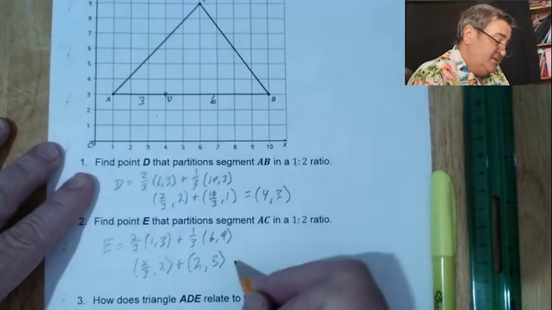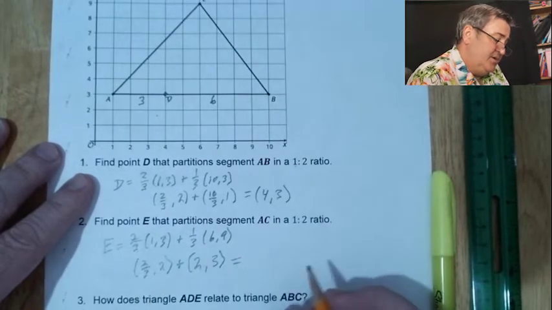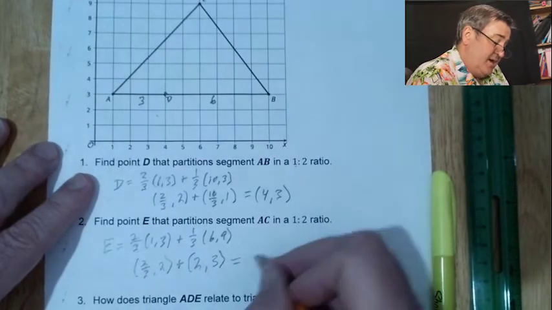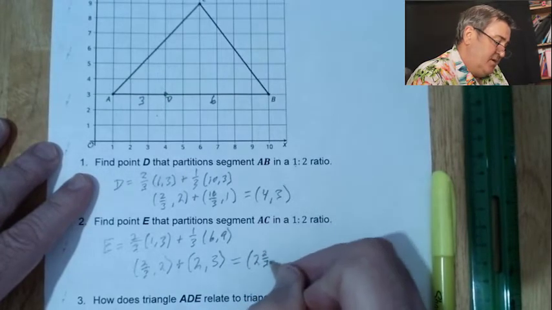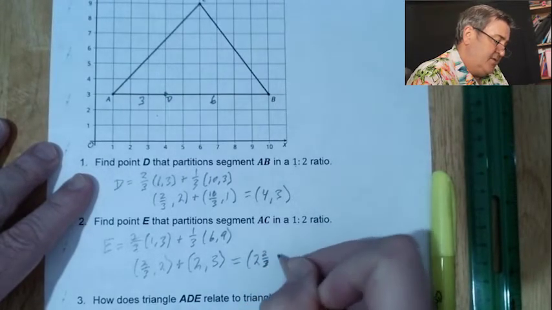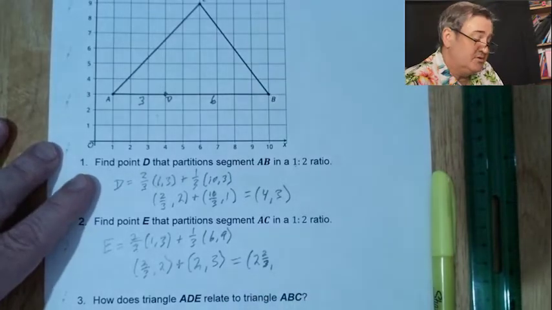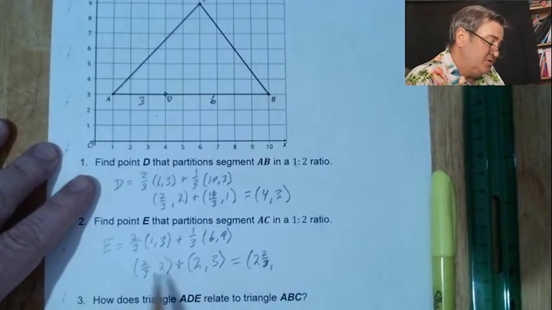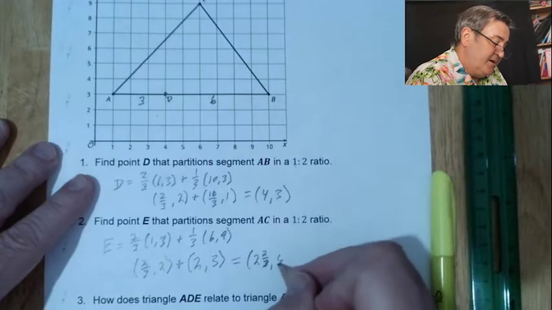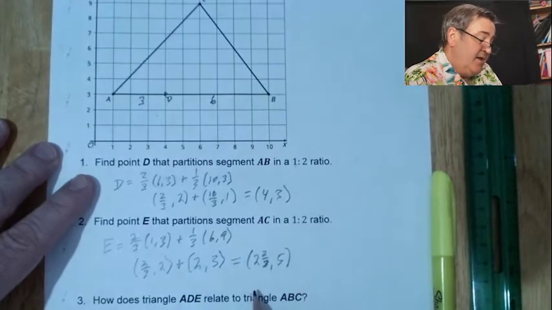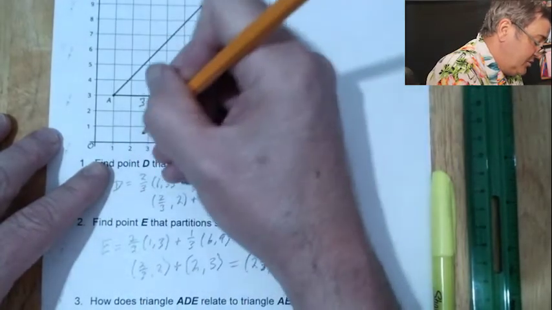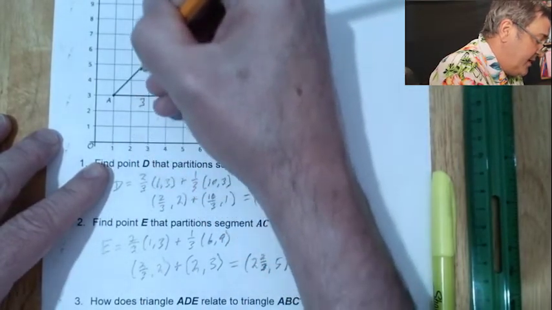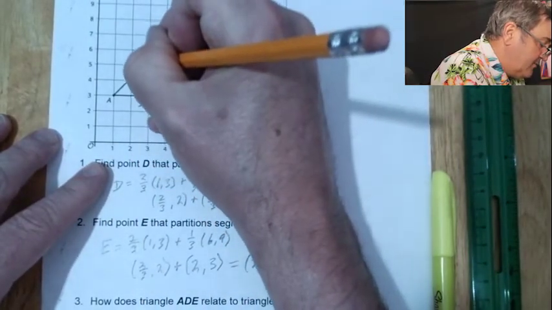So let's add these together. So this is 2 2/3. I can write that like that because it might be easier to graph it. You can also put it together and say it's 8/3. And then 2 plus 3 is 5. So if we graph the point, 2 2/3, about there, up at 5, right there.